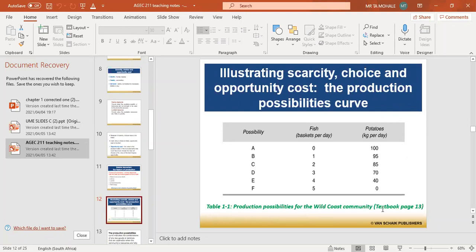Production possibility curve is a curve that shows the combination of two commodities or of two goods and services that are producible, achievable, and attainable when society's resources are fully and efficiently utilized.